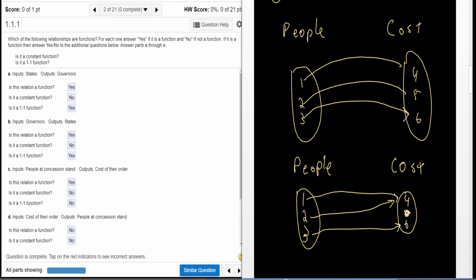So you can see here that it is a function. It's not a constant function because they're not ordering the same thing. And it's not a one-to-one function, because if I tried mapping this back, the 4 would map back to 1, and it would also map back to 2. So it's not a one-to-one function in this case.